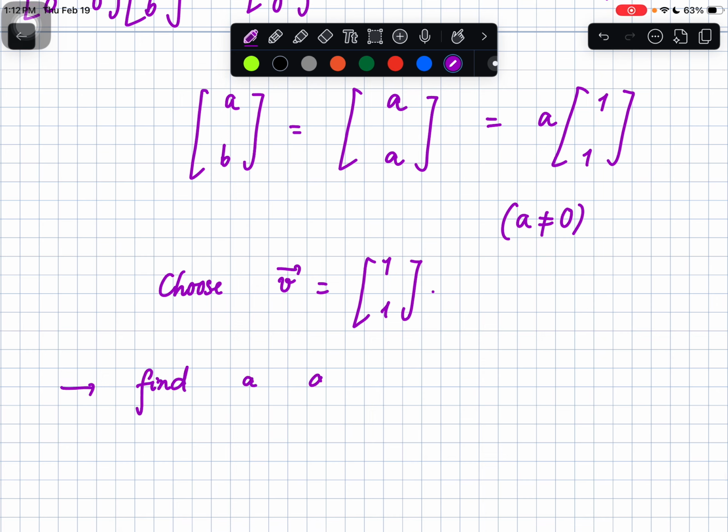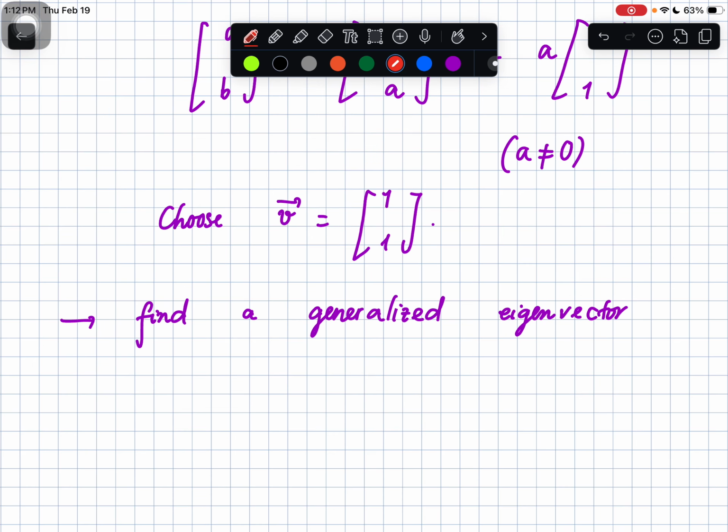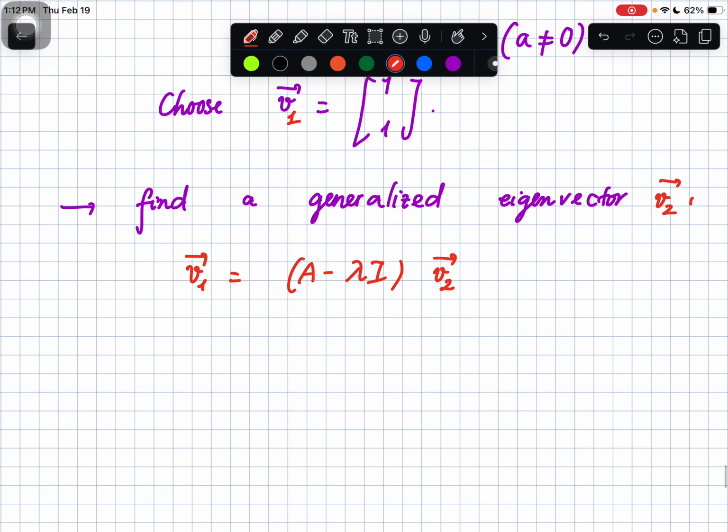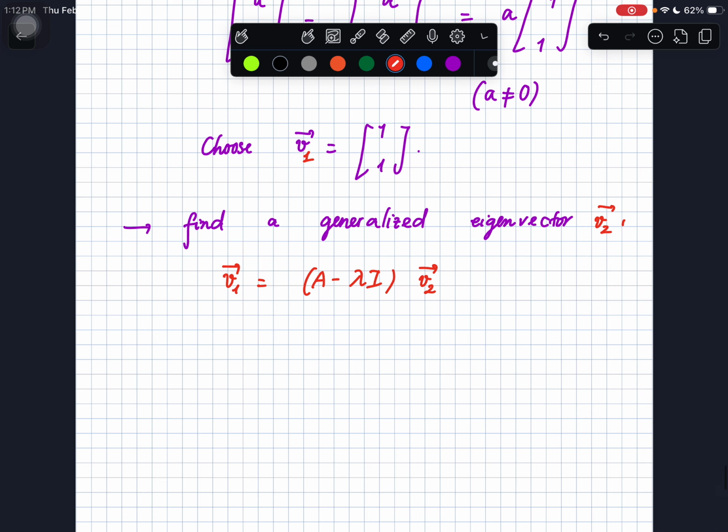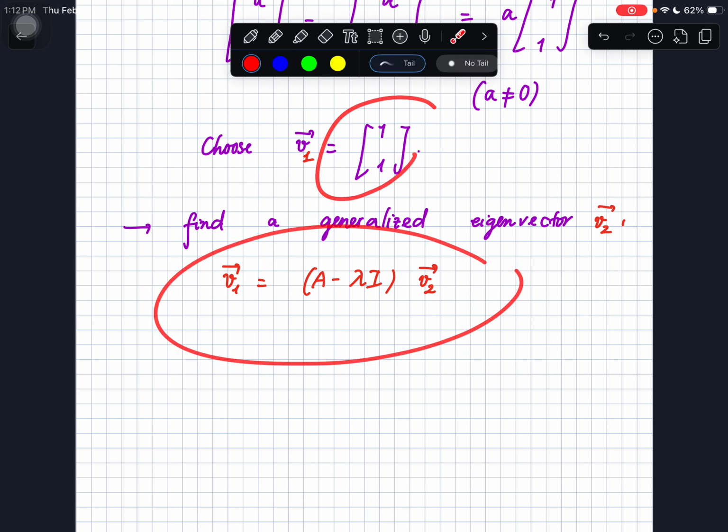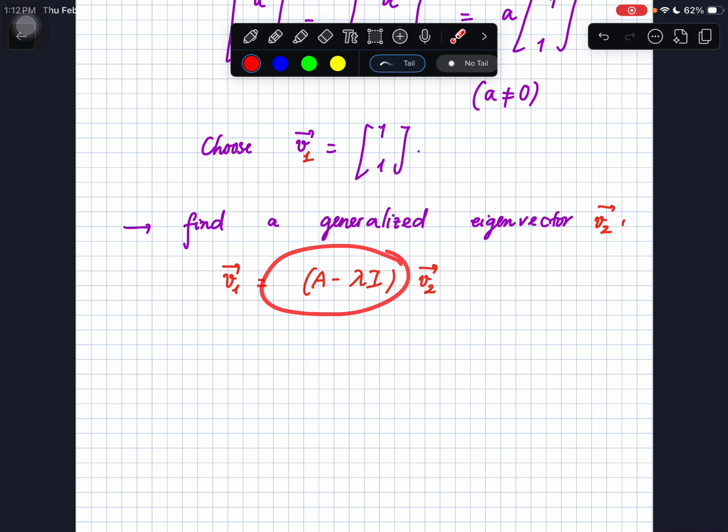We find a generalized eigenvector. Let me call this vector v1 and we find v2. v1 equal to A minus lambda I times v2. So you know v1, you know what this matrix is, you can solve for v2.